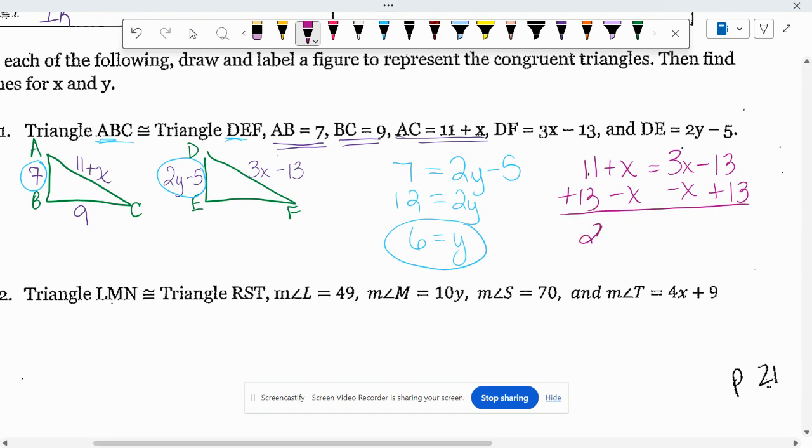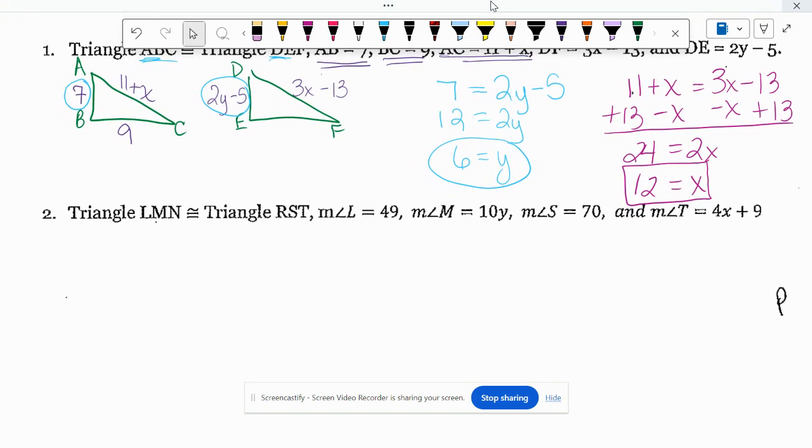So 24 equals 2x, which means that 12 equals x. Questions? All right, let's do it again.